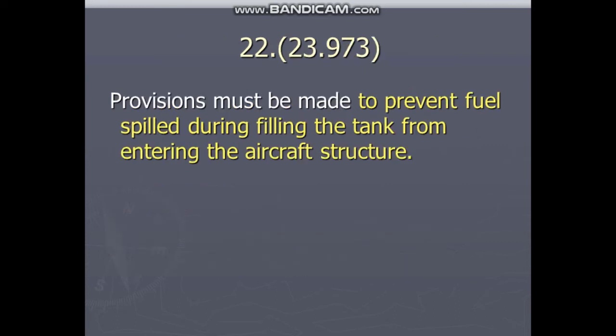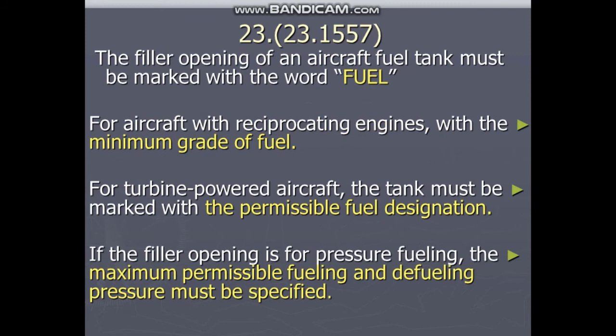22. Provisions must be made to prevent fuel spilled during filling of the tank from entering the aircraft structure. 23. The filler opening of an aircraft fuel tank must be marked with the word fuel.